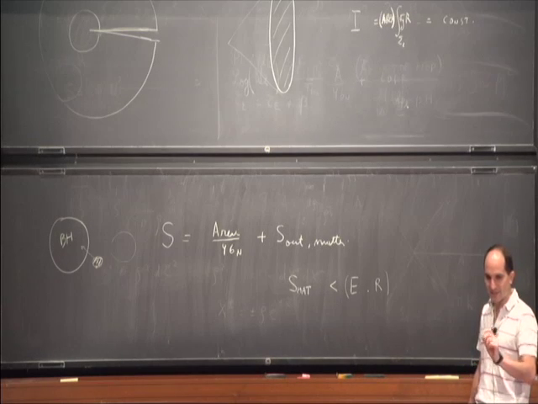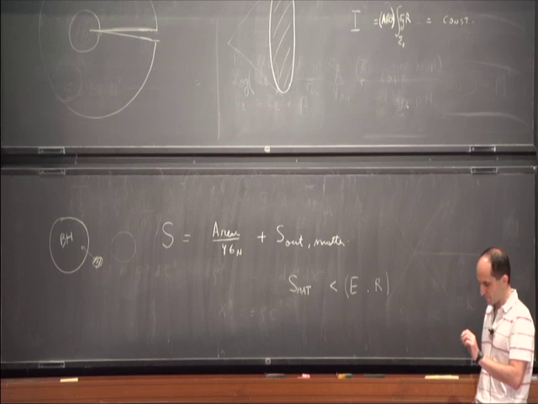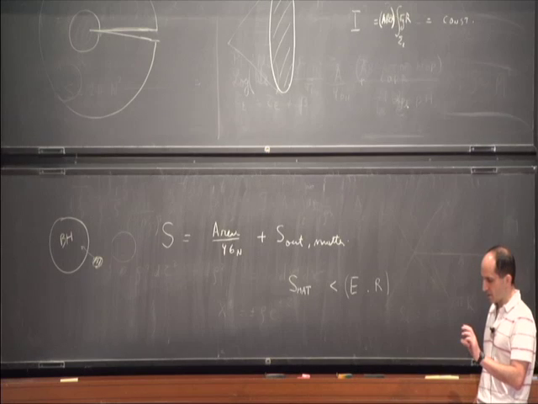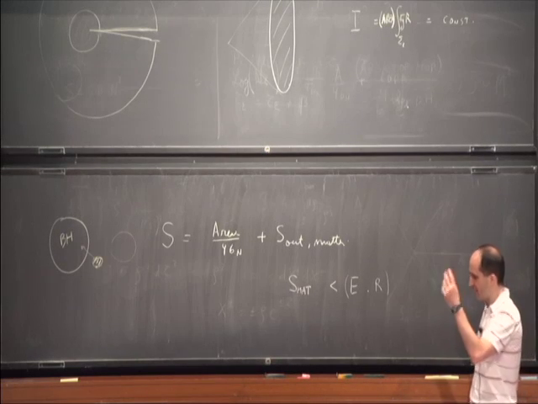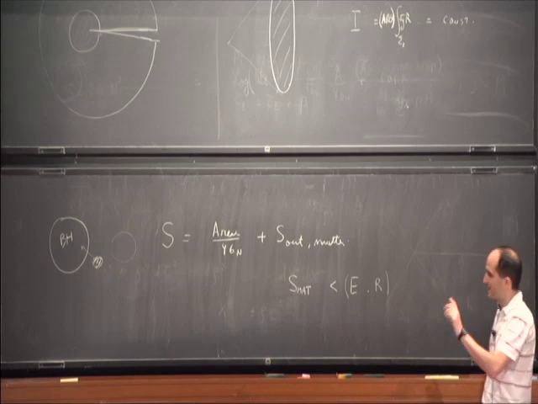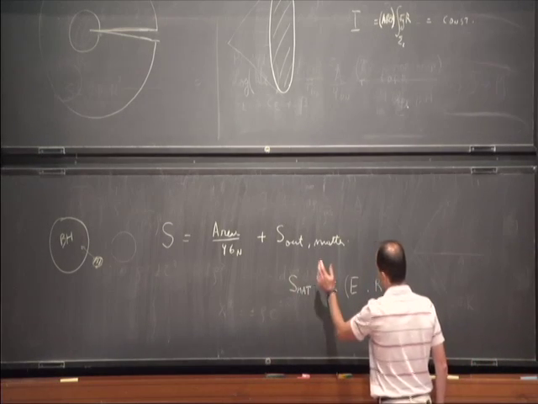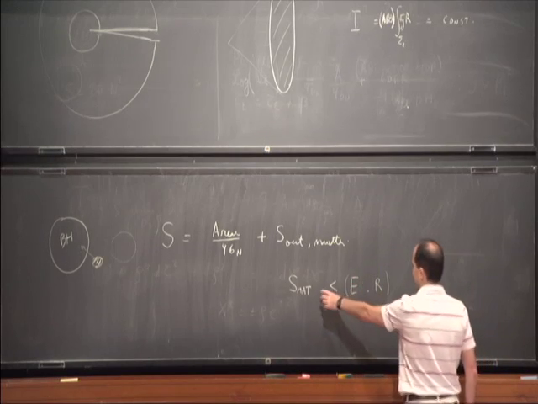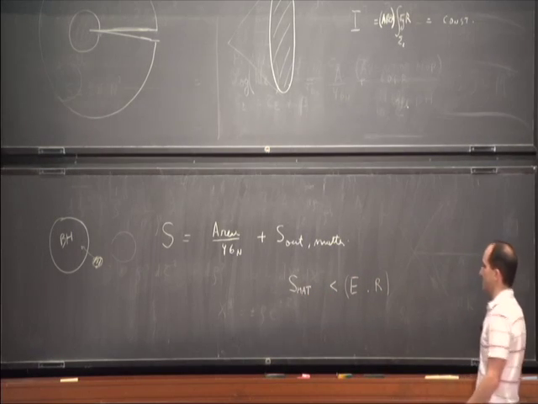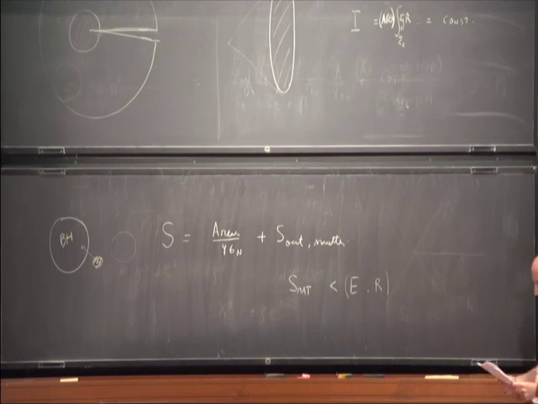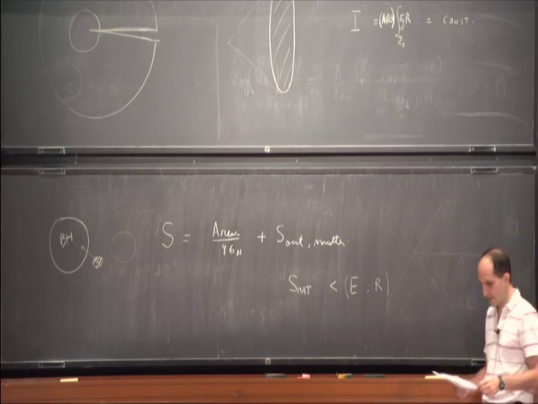For example, you can have a spin with very small energy and lots of spin degrees of freedom, so the entropy would grow like the log of that number of spin degrees of freedom, while the energy would be fixed. So maybe it's a property of relativistic quantum field theory.